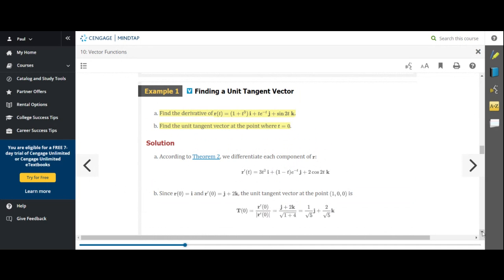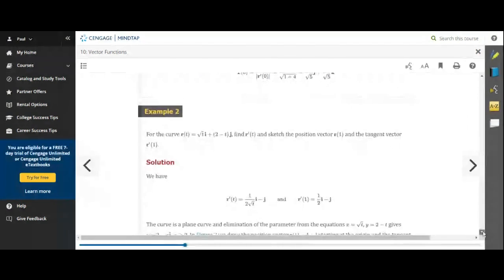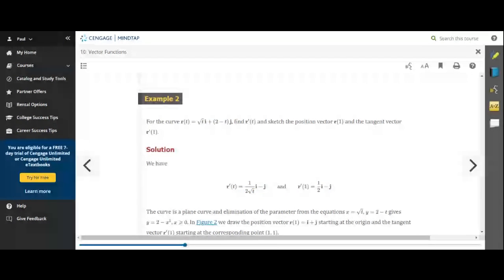Okay, let's look at another example. Example 2. For this space curve, they want you to find the derivative of your position vector, which is r prime of t, and then sketch the position vector at t equals 1 and the tangent vector at t equals 1.